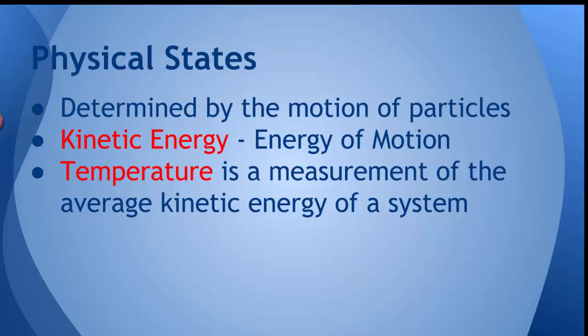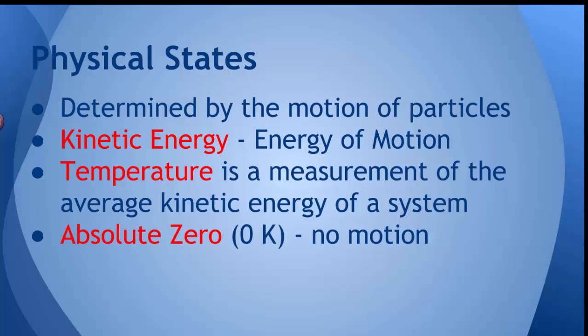That's important. Okay? This concept of temperature is based on the idea that there is a point at which there is no motion. That would be no motion, zero. And Lord Kelvin was the guy that came up with this idea. He said there's a point, we'll call it absolute zero. Absolute zero, zero kelvins. That's the point at which motion stops. It's theoretical.